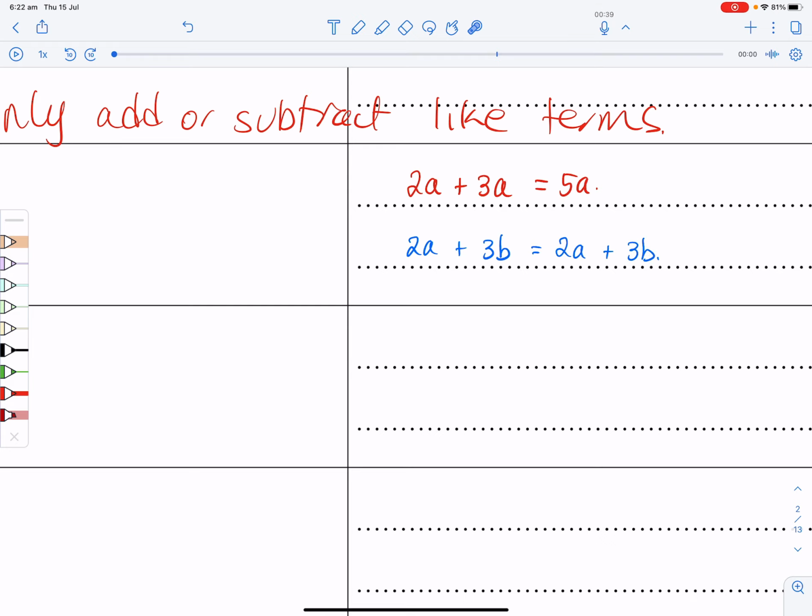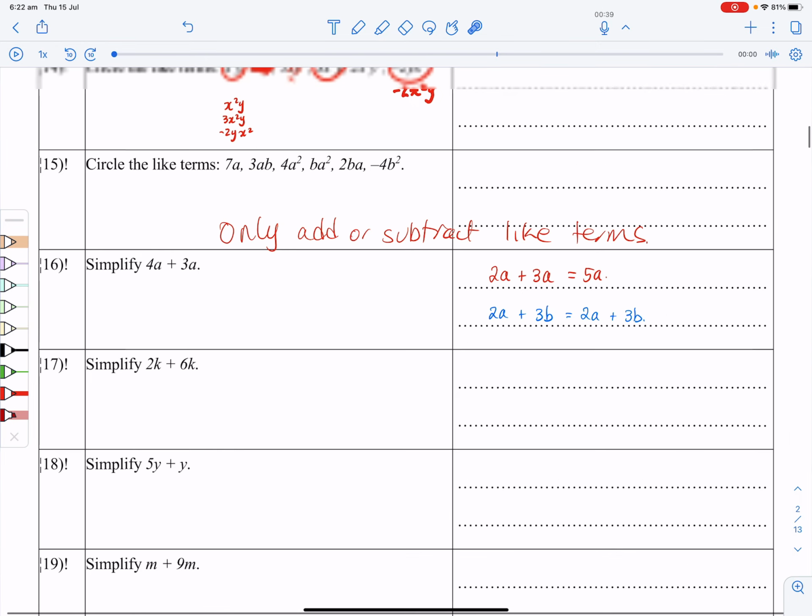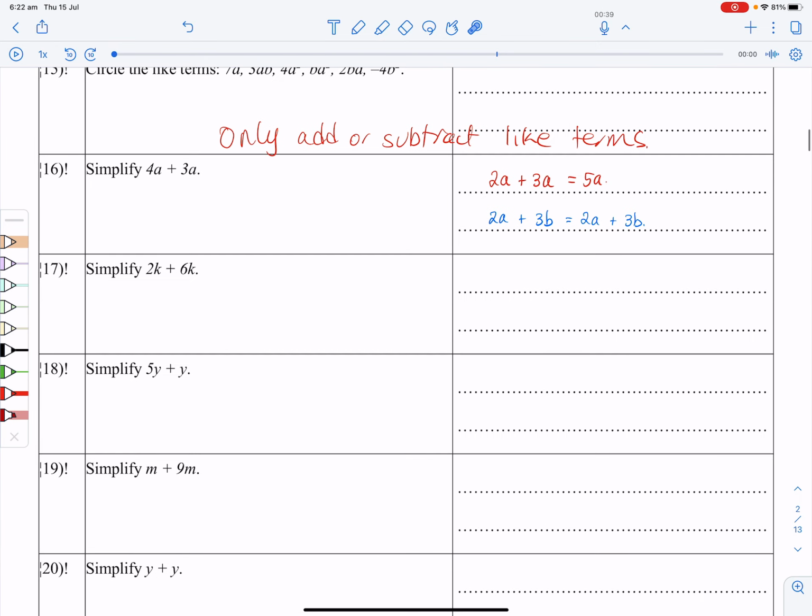So you see, the first one, 2a plus 3a simplifies to 5a. But the 2a plus 3b, because they're not like terms, can't be added, and you must keep it how it is.